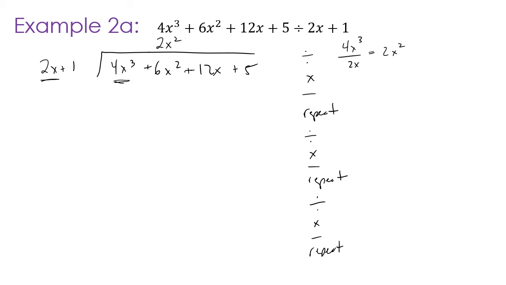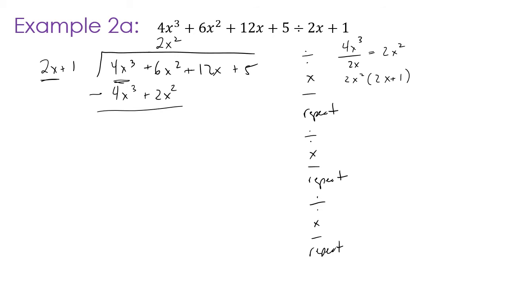Now you multiply. So that number, 2x squared times what you're dividing by, 2x plus 1. So that gives you 4x cubed plus 2x squared. Now we subtract. If we've done it correctly, we should get 0 for that first thing, which we do. We get 4x cubed minus 4x cubed.